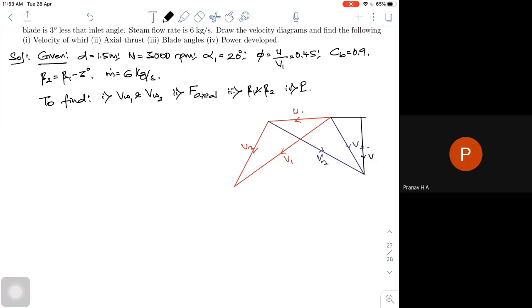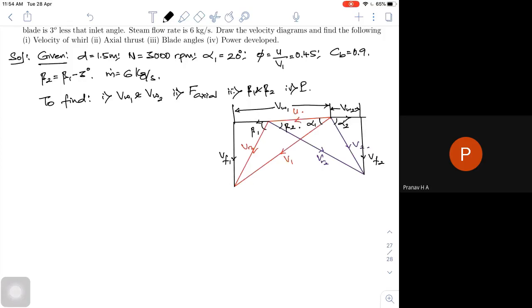This is your VF2. This is my VW2, and I can draw the corresponding VF1, VW1, and this is my alpha 1, alpha 2, beta 1, and beta 2. So I draw the corresponding velocity triangle.